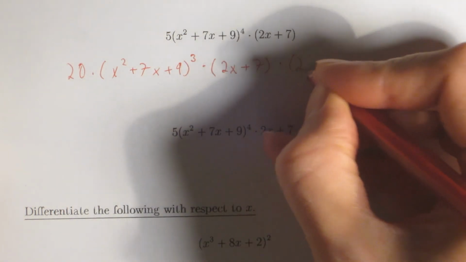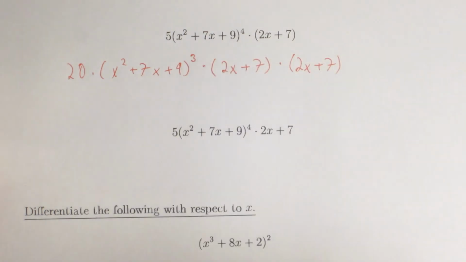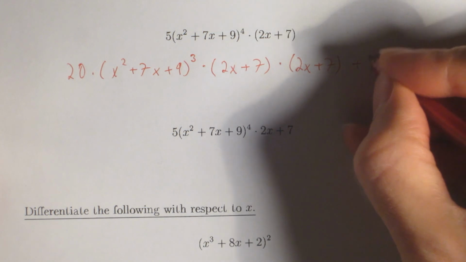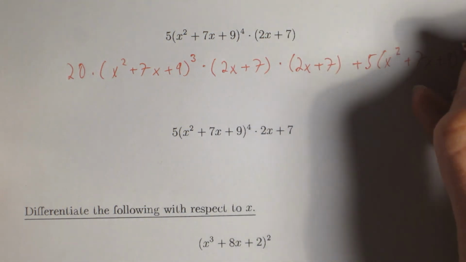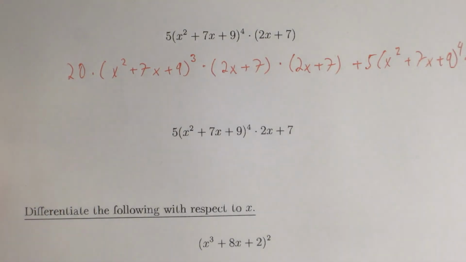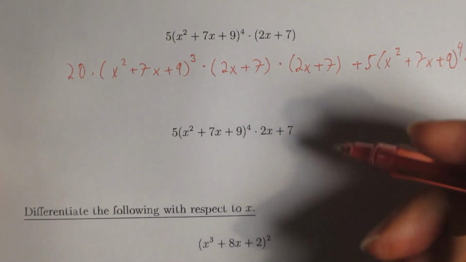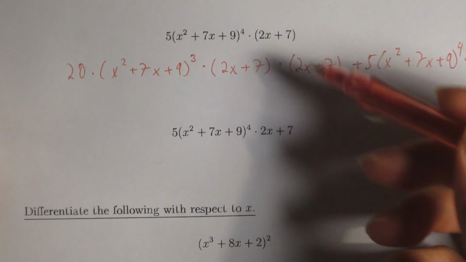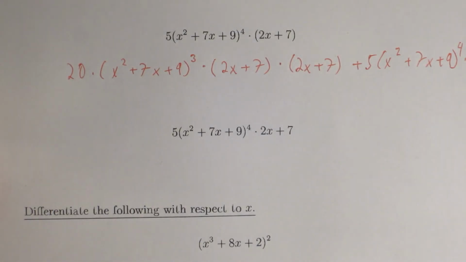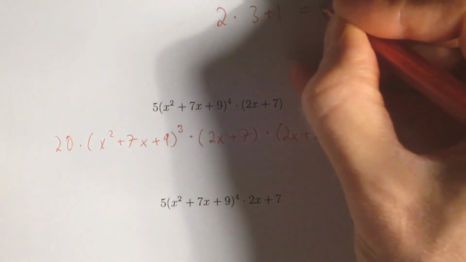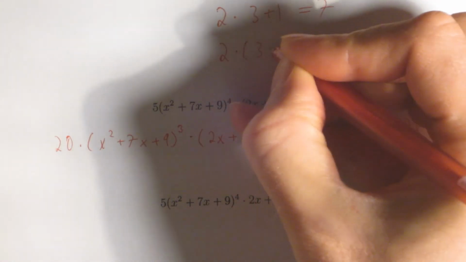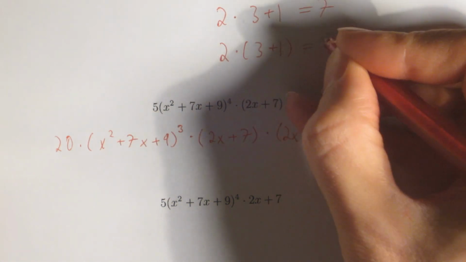And then, as in the product rule, you multiply by the second function, and then it's plus the first function as it stands times the second function's derivative. This is a different function, that's why it's important to put out the brackets. You can compare with how 2 times 3 plus 1 is 7, whereas 2 times all of 3 plus 1 is 8.